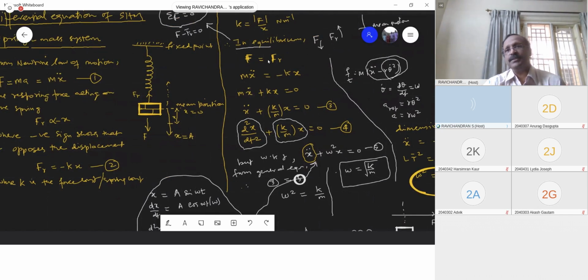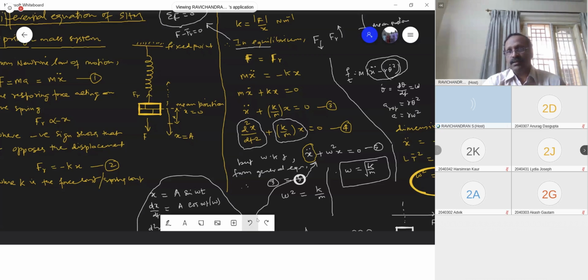So this value must be equal to this force. So m x double dot, where x double dot is nothing but the acceleration of the mass going up and down, is equal to minus k into x. So m x double dot plus kx equals 0, or I can write x double dot plus k by m into x equals 0.